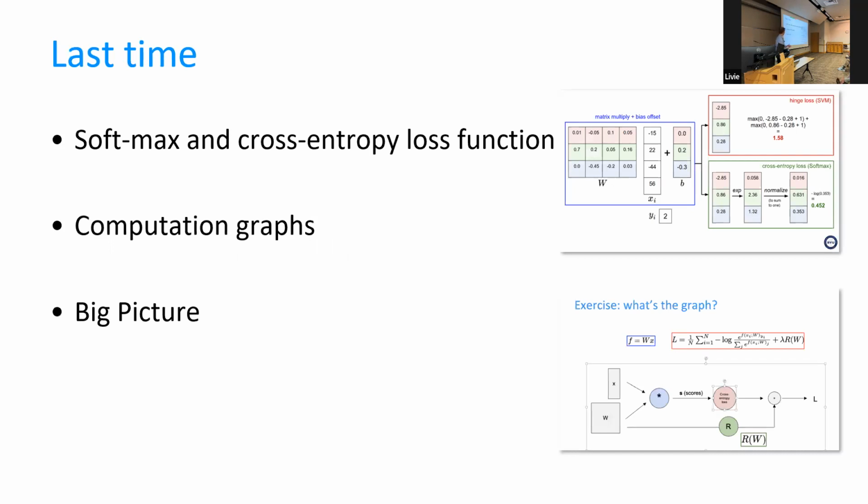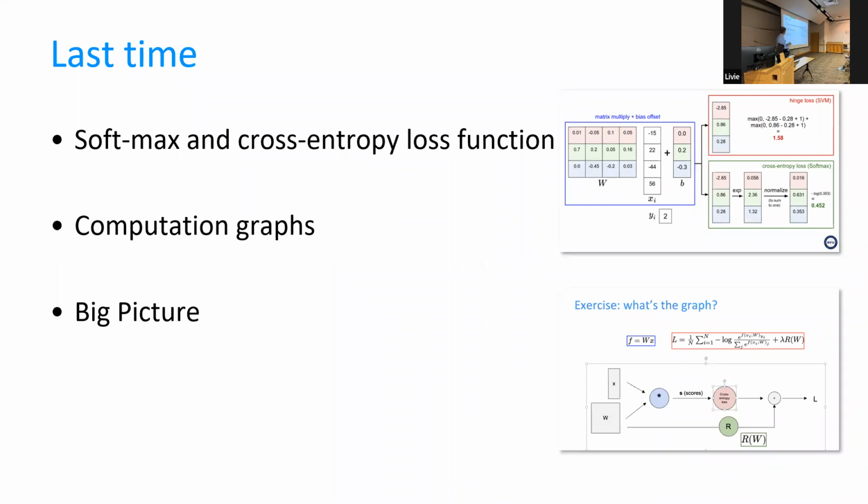So last time we went over the softmax cross entropy loss function, which is also known as negative log likelihood, or maximizing likelihood. Yep, great.